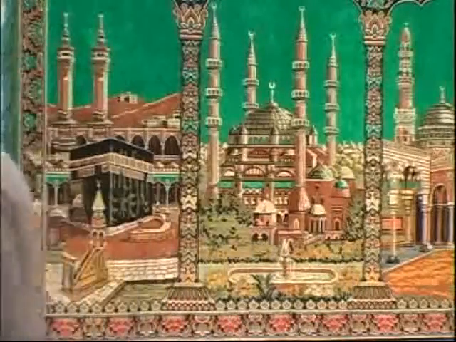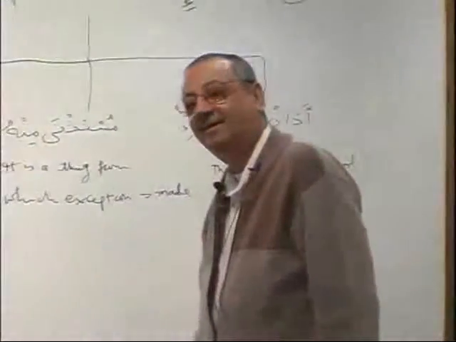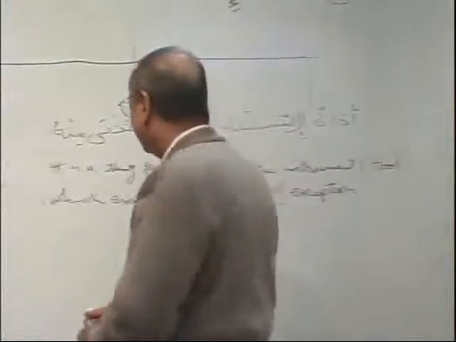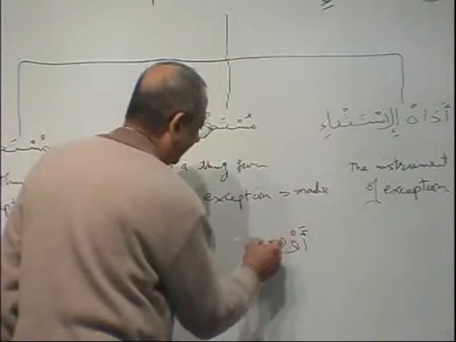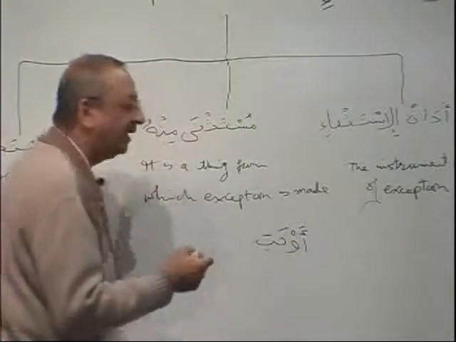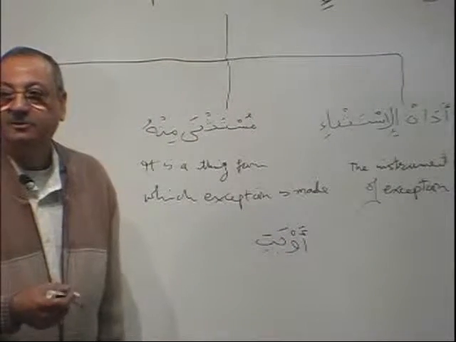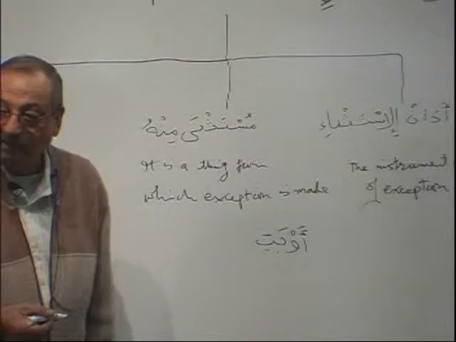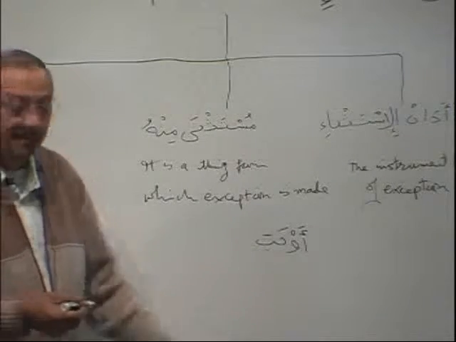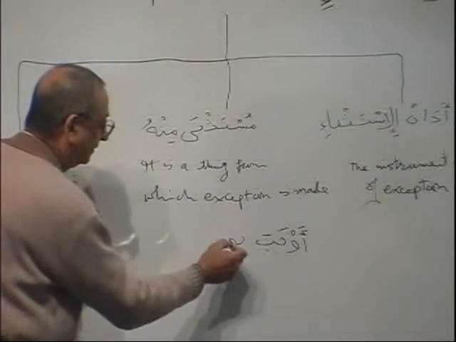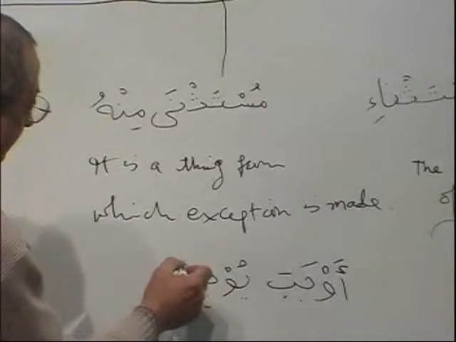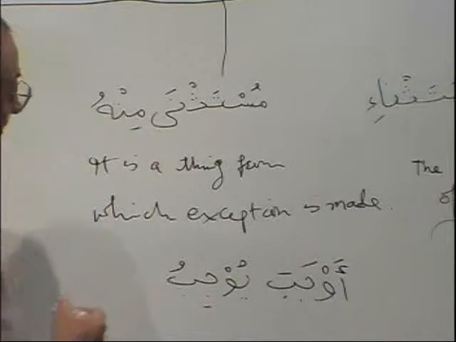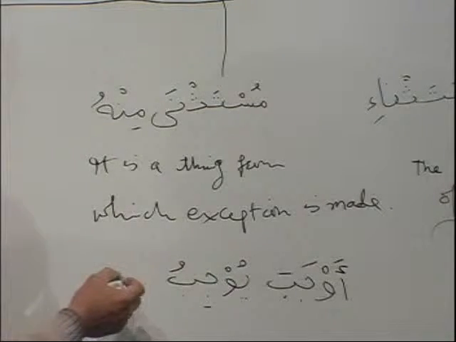What is mujabun coming from? Awjaba. What is the meaning of awjaba? To make something obligatory, from wajaba. What will be the mudari'? Yujibu. What will be the ism fa'il?